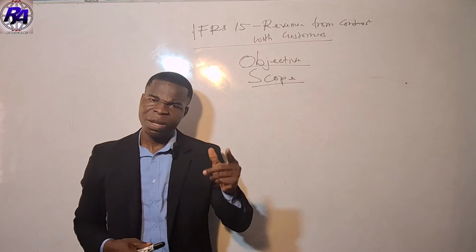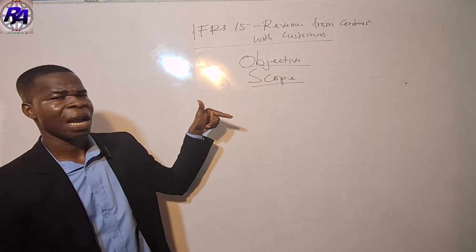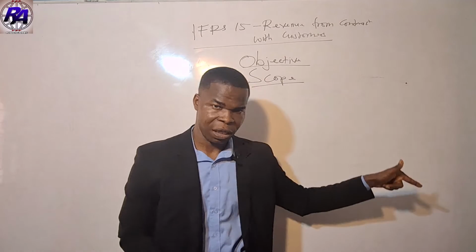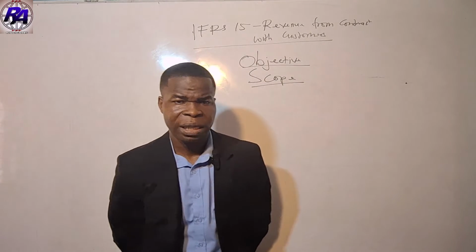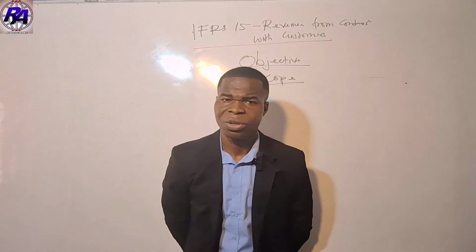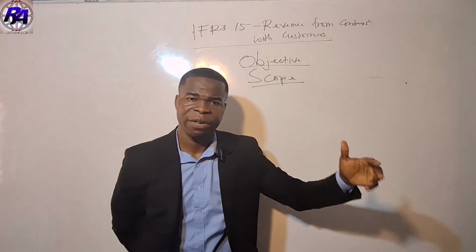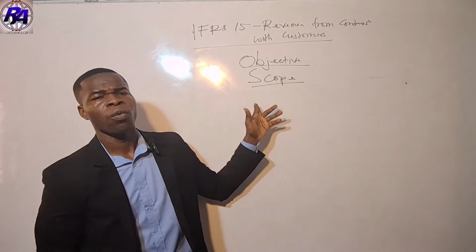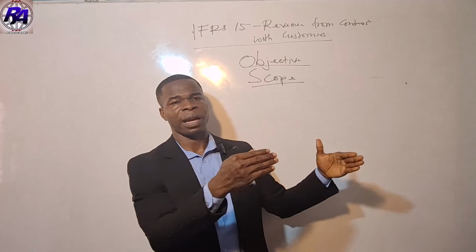Please, we only use this standard when the contract is with a customer, not with any other party. If the contract is with an investor, we are not applying this. If it is with a creditor, we are not applying this. We only apply this standard if the contract is with a customer.